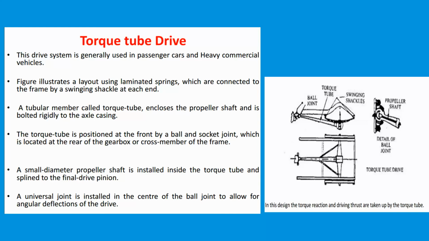The torque tube is positioned at the front by the ball and socket joint, which is located near the gearbox and cross member of the frame. A small diameter propeller shaft is installed inside the torque tube and supplies power to the driven pinion. A universal joint is installed at the center of the ball joint to allow angular deflection to the drive.